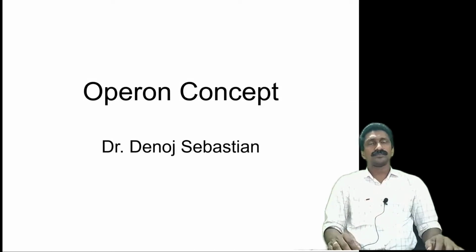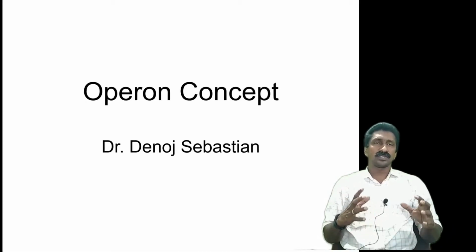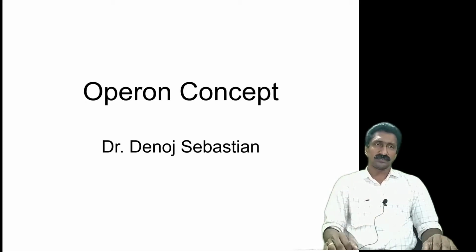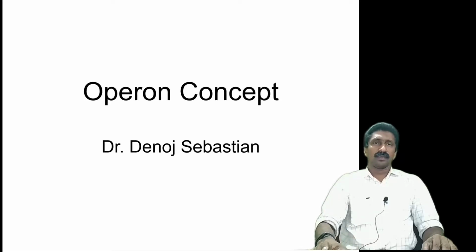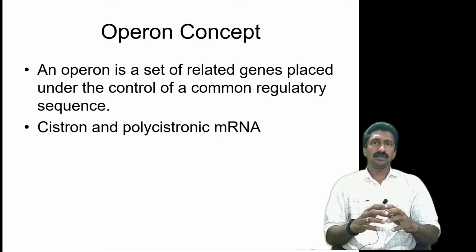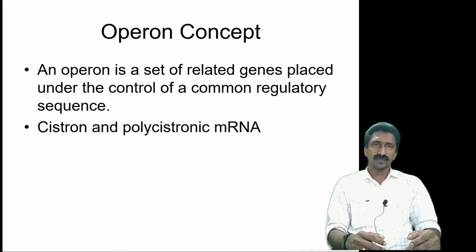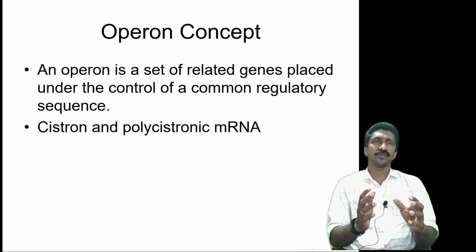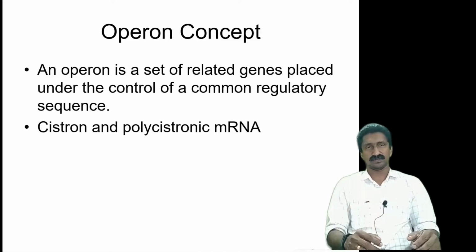Good morning to all. Today, we are going to discuss the Operon concept. All of you know that the Operon is a set of related genes placed under the control of a common regulatory sequence.